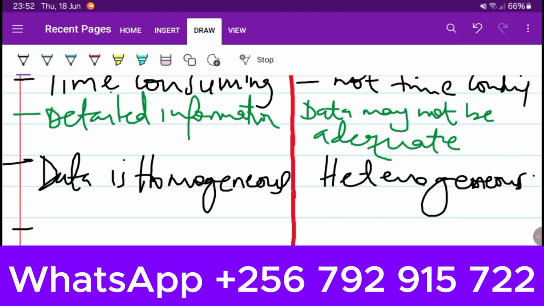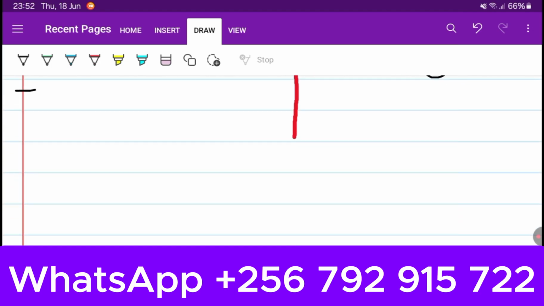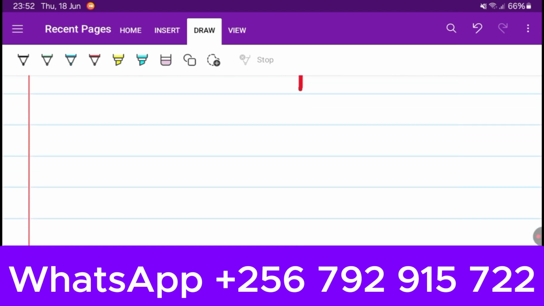So I want to look at the last category that we had not spoken about, the qualitative and then the quantitative data. Of course, this one may look somewhat similar to the discrete and the continuous, because I told you the other ones are the major classifications.